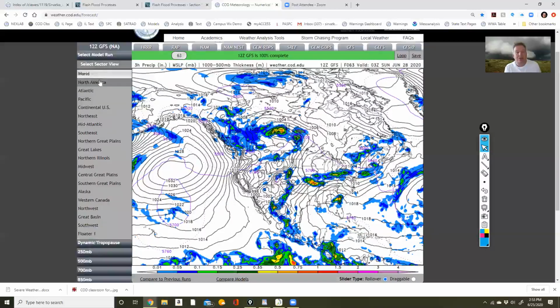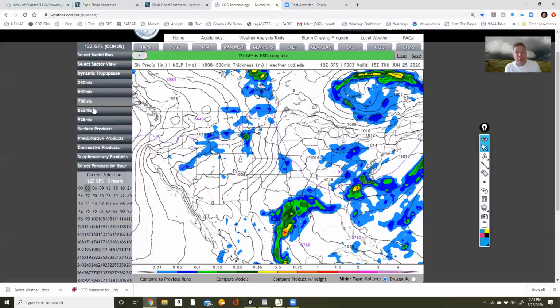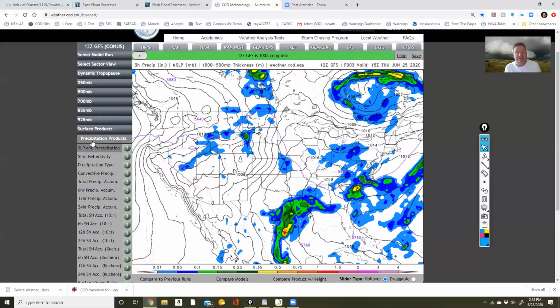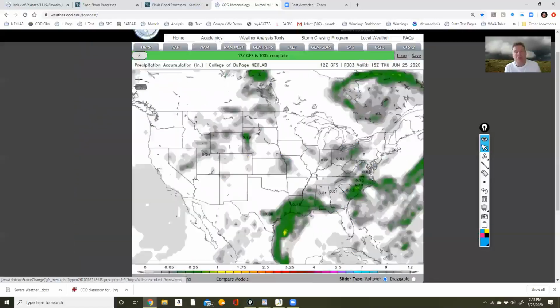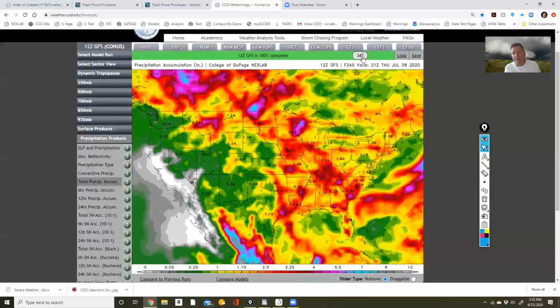In fact, I can go in here to the US and I can say, well, how much QPF, quantitative precipitation forecast, I'll do total. And if I look over the next, this is basically 2 weeks. I'm looking at some areas, man, there must be some serious thunderstorms across southern Canada with 7 inches over the next 2 weeks. Here across Illinois, we're 1 to 2 inches.